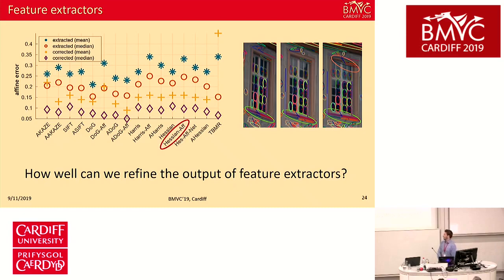Let's consider just one of them, because that's much simpler this way, Hessian affine. As you can see on the blue marker, it has a mean error around 0.3. And after our refinement, the yellow marker shows that we were able to reduce the error of this extractor. And there are similar trends for all the other extractors. We were able to improve their performance on the real-world experiments.